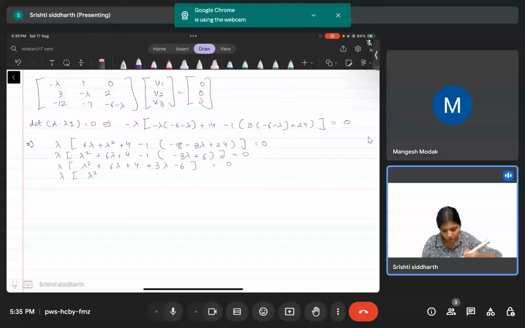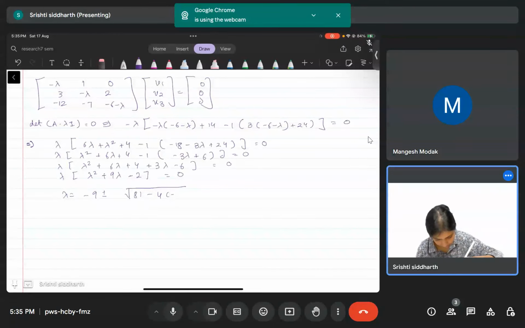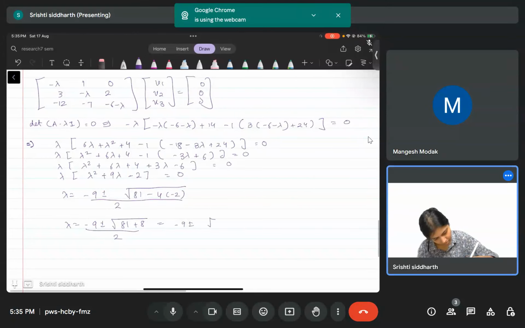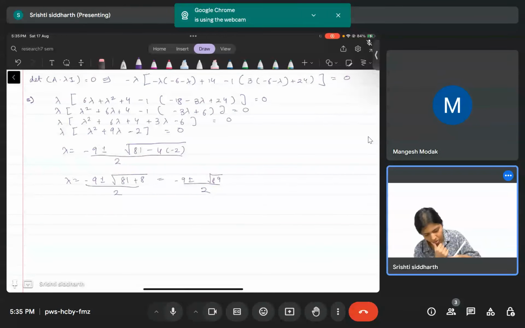So now we have a polynomial equation, with 7 lambda minus 2. Three distinct roots, or eigenvalues.